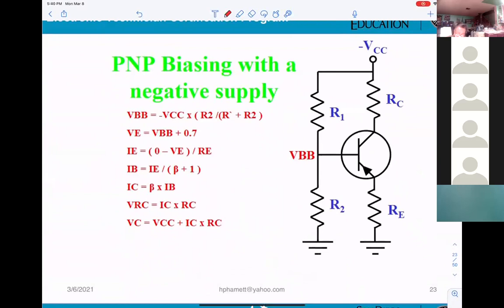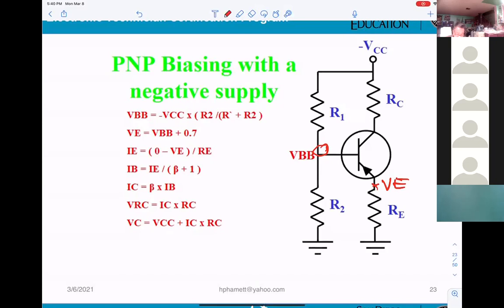Okay? For example, that's just a voltage divider. If you want to calculate that one, I want you to use R1 and R2 in the voltage divider. We don't need to calculate the R in base in parallel with R2. That takes too much labor. After you get the VBB here and the VE, VE means the voltage right here, it will be VBB plus 0.7.